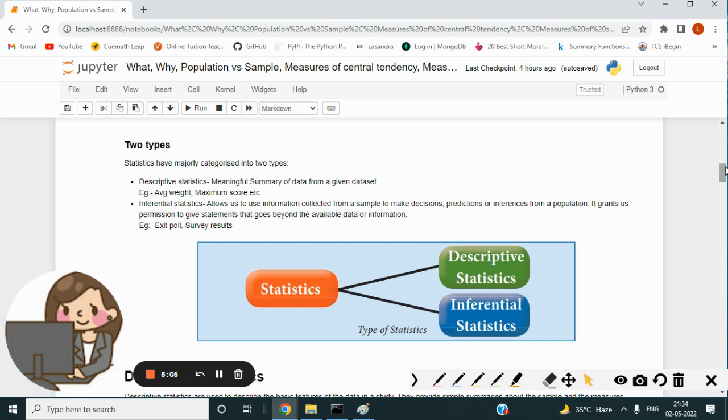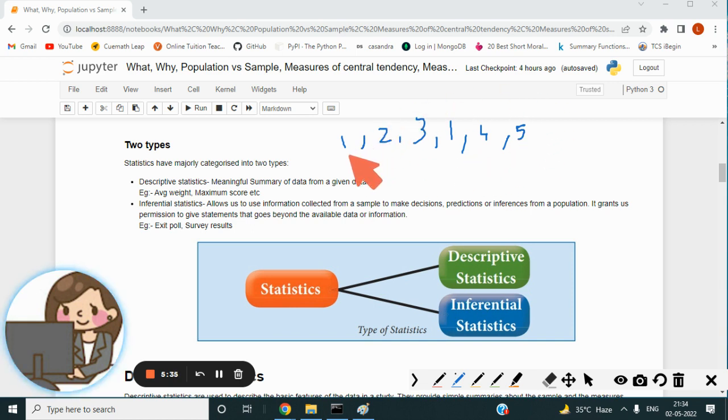Suppose we have a certain set of data like 1 2 3, again 1 4 5. From this we can find the average, the maximum value, and the minimum value. So it gives a description of the data that we have over here, right?